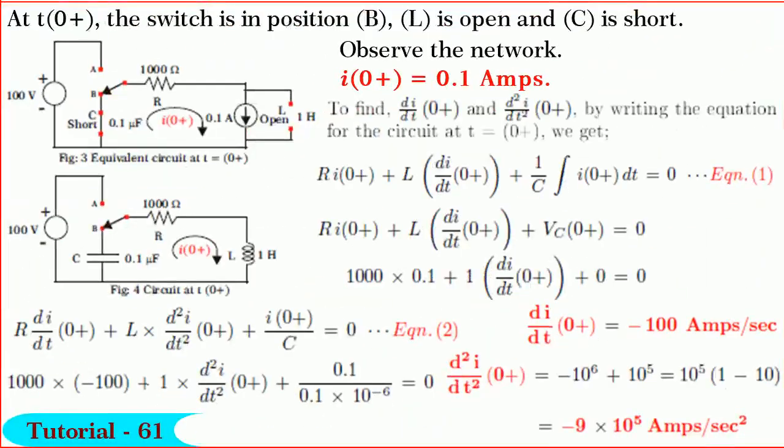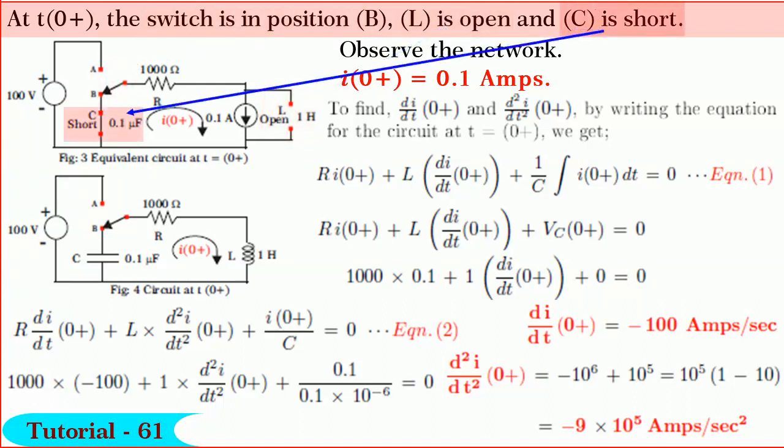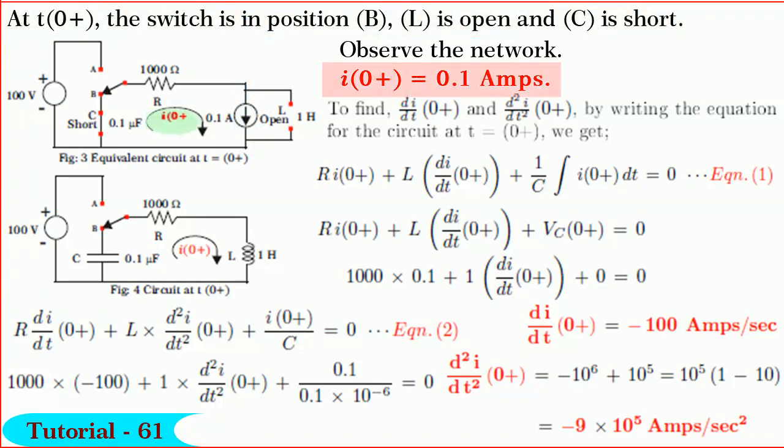But friends, at t is equal to 0 plus, the switch is at position B, L is open and C is short and the inductance will behave as a current source of 0.1 amperes as shown. So, I0 plus is equal to 0.1 amperes. We have got one answer.